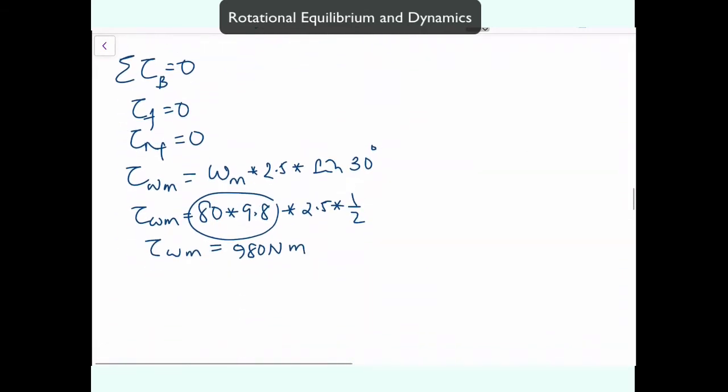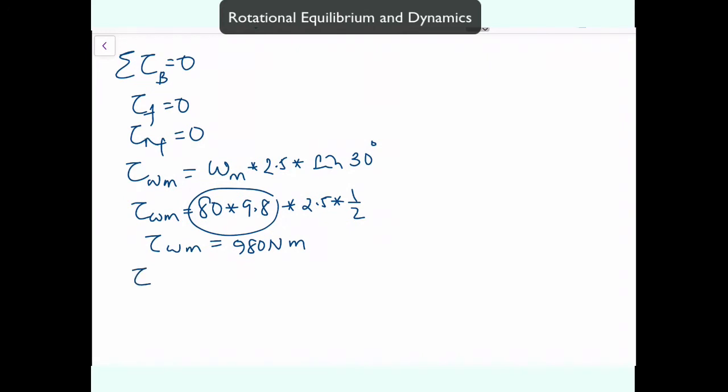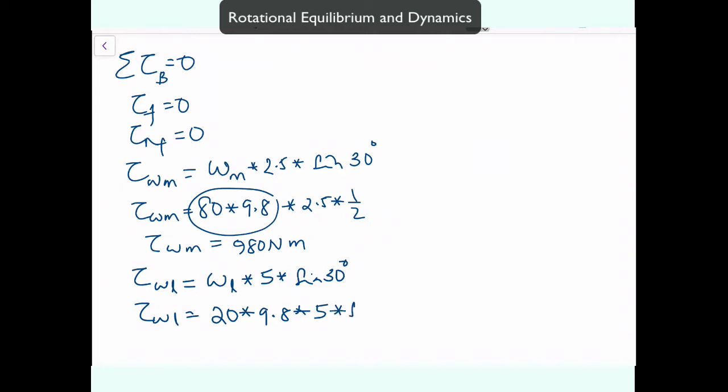So as a result, you have the torque created by the weight of the ladder, which is the weight of the ladder multiplied by the distance. The lever arm is 5 meters because it's halfway. That's where the weight is, times sine 30 degrees. So the torque of the ladder will be the weight of the ladder, 20 kilogram multiplied by 9.8 multiplied by 5 multiplied by sine of 30, which is a half.